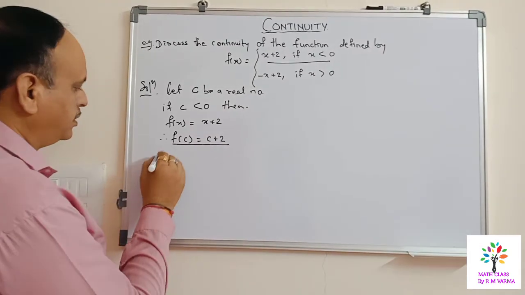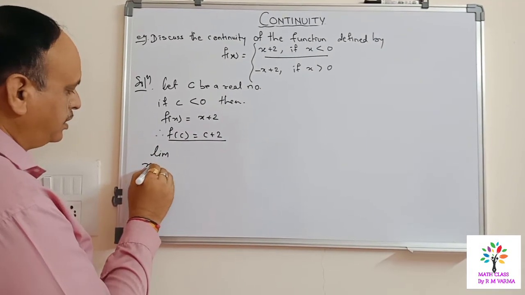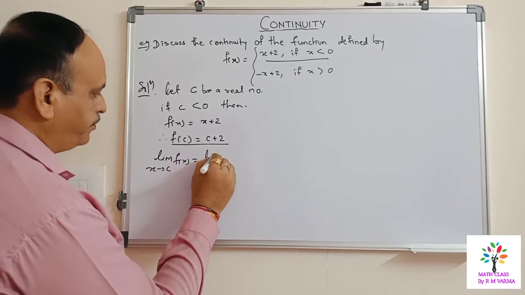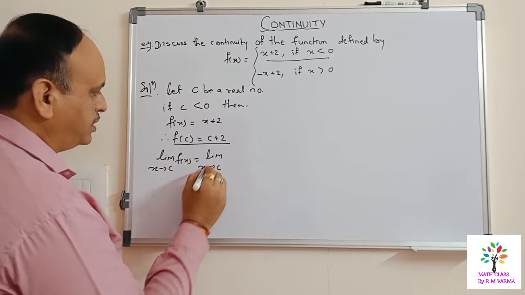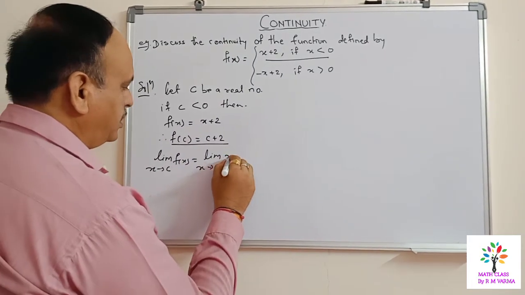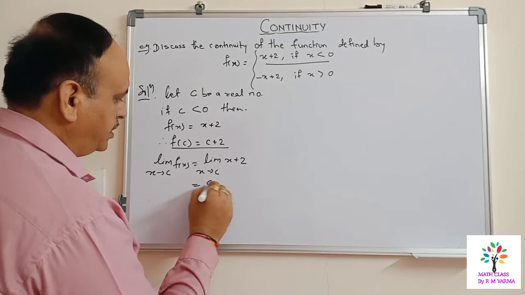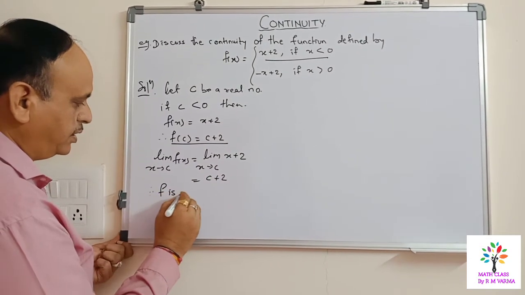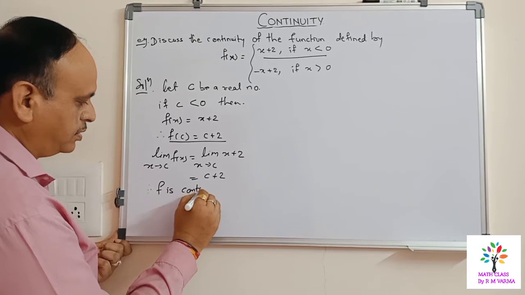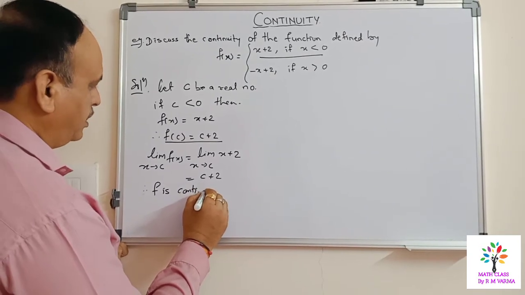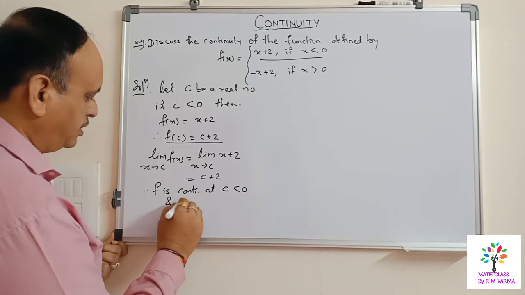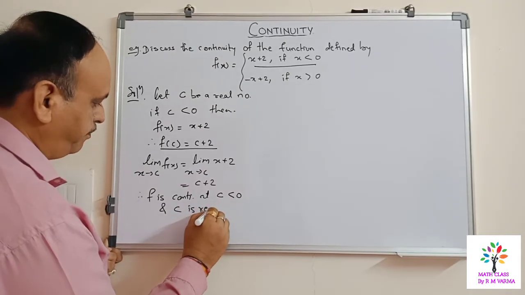Now we find the limit. Limit x tends to c f(x) equals limit x tends to c of x plus 2, which gives c plus 2. Therefore f is continuous at c less than 0, c real.